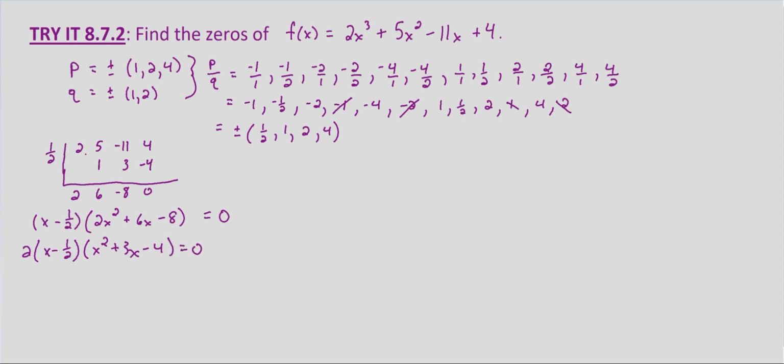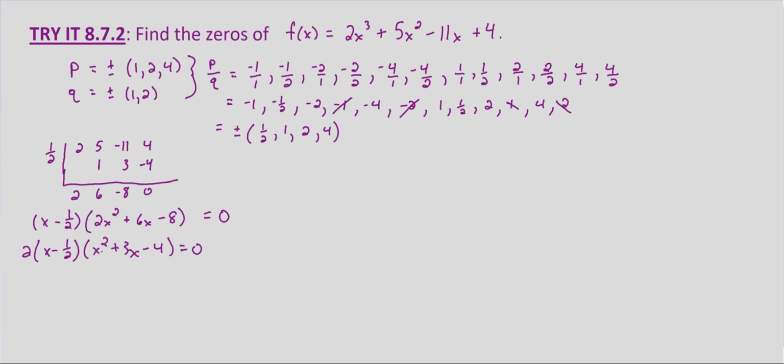Now you could go ahead and you could use the rational zero theorem repeatedly. We found one, and we have a quadratic left. You could then take what's left, x squared plus 3x minus 4, use the rational zero theorem to test the other possible rational zeros.